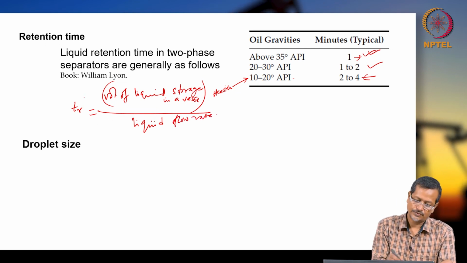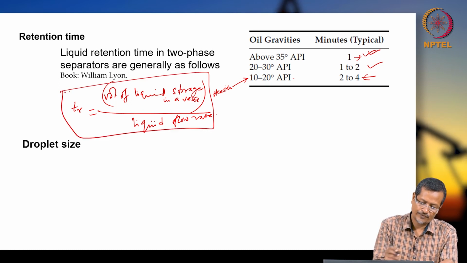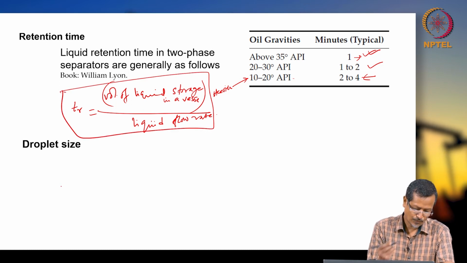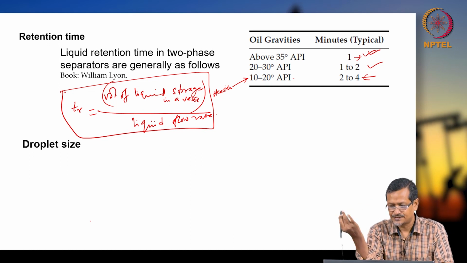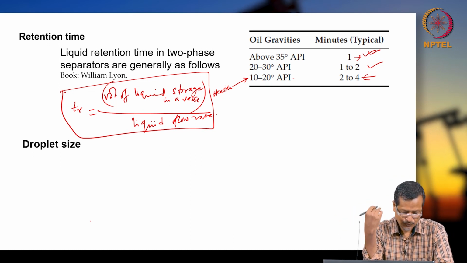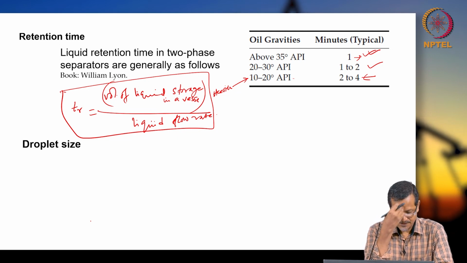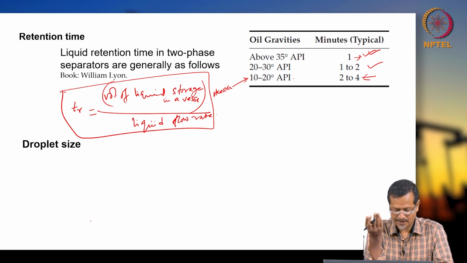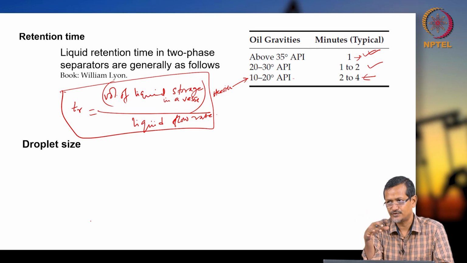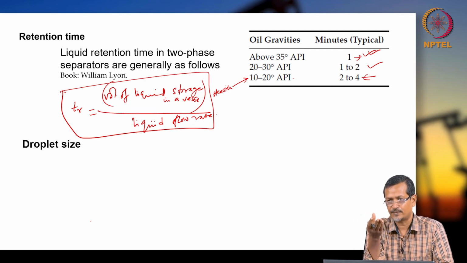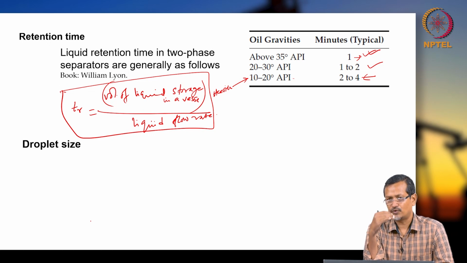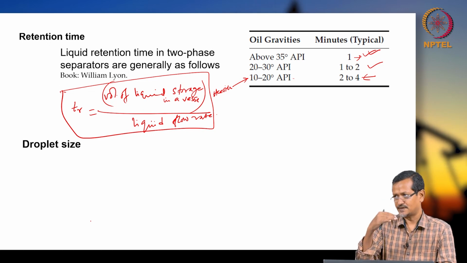This is the formula for retention time. For most applications TR will be 3 seconds to 3 minutes. Foaming crude will increase TR, the retention time, to 4 times. If you have foaming liquid, you have to increase the retention time because foam will not allow gas and liquid to separate quickly.